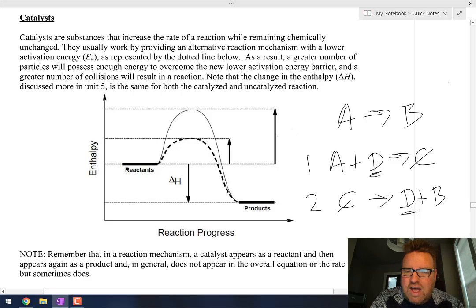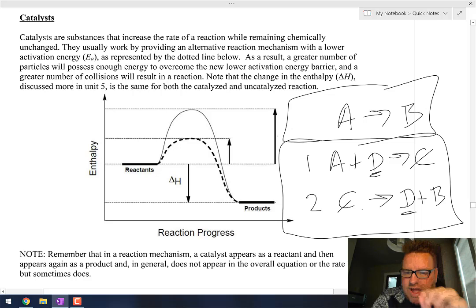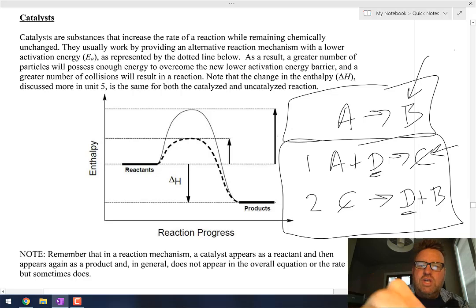And what a catalyst does, so again, here's the first reaction, and it's the same reaction, but now this one has a catalyst in it. It basically makes it so that this reaction here is going to have a lower activation energy than this reaction here. So it provides an alternate reaction mechanism with a lower activation energy.